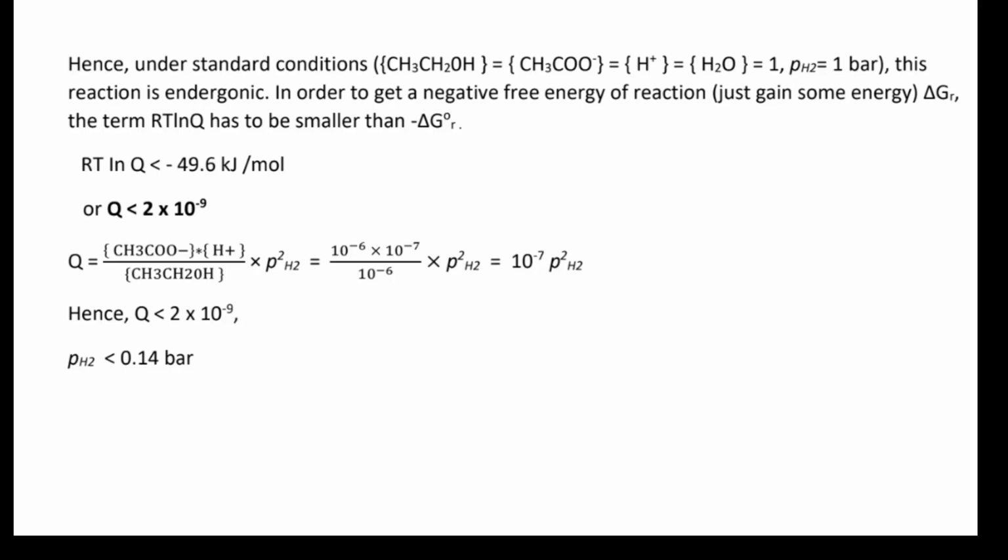So this is how we'll solve it. RT ln Q should be less than 49.6, and if we multiply both sides by e, okay, anti-log of both sides, this can be done by calculator. So we'll get Q less than 2 into 10 raised to power minus 9. Now we know Q, we can use the laws and we can find out the partial pressure.